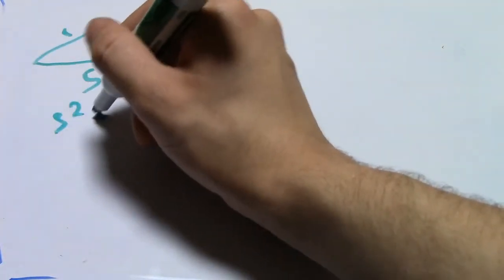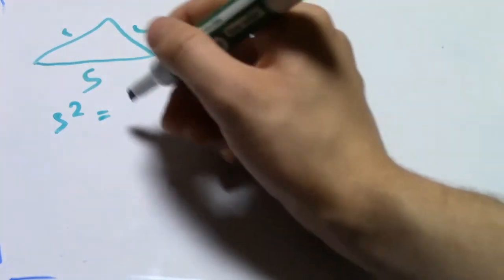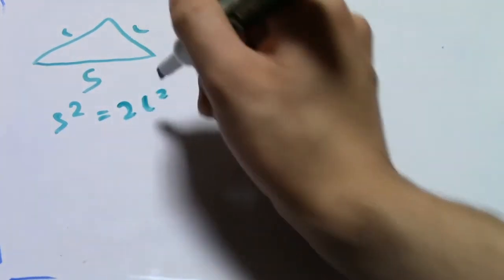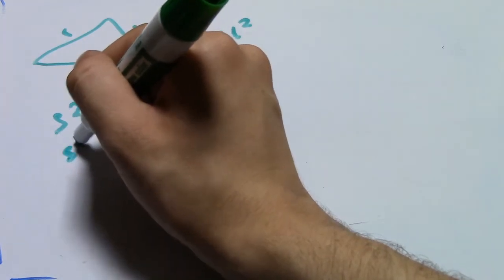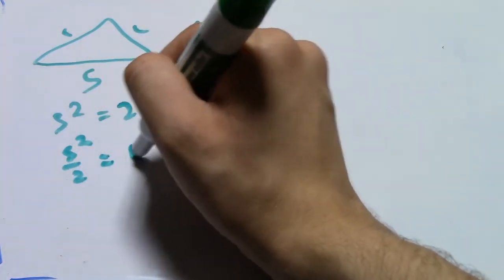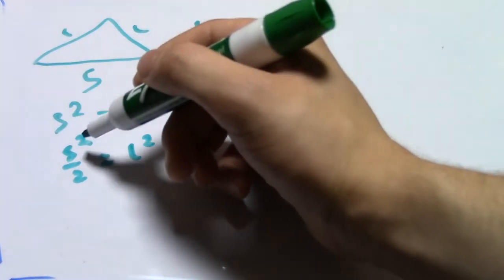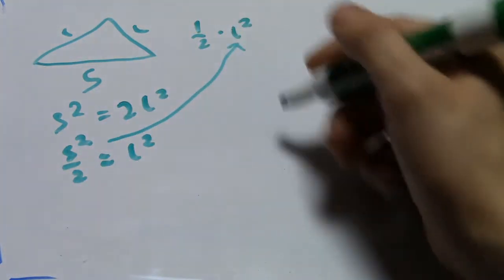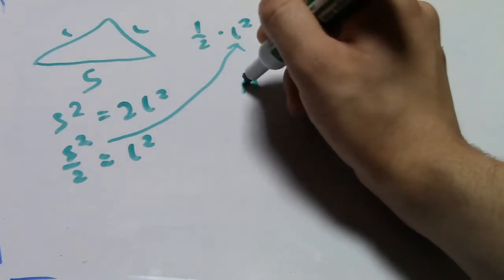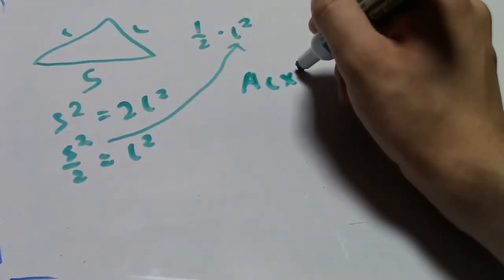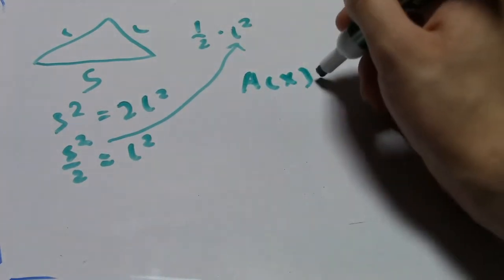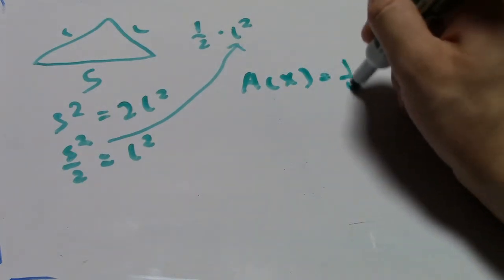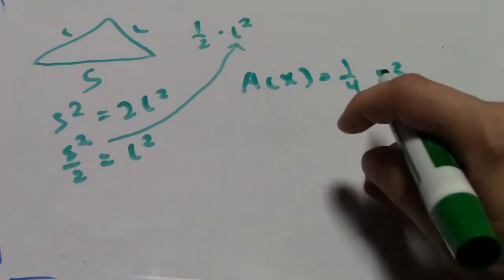So we have S squared equals L squared plus L squared, or 2L squared. Dividing by 2 on both sides, we have S squared over 2 equals L squared. So we can plug this in for that L squared up there, and we find that the cross-sectional area for an isosceles right triangle with a hypotenuse as a side is equal to 1/4 S squared.